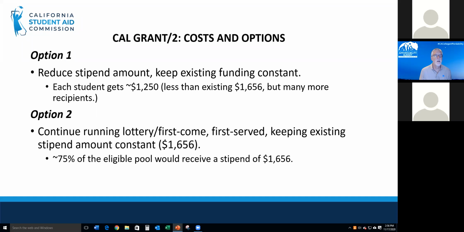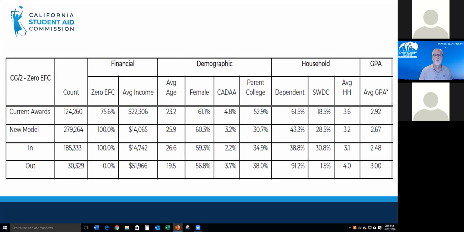In this option, if all students at 0 EFC get a stipend, they would each get roughly about $1,250. Or option two here is if we kept that $1,656 amount, we would have to ration somehow, probably a first come, first served type of situation, and roughly 75% of the eligible pool would get that $1,656.